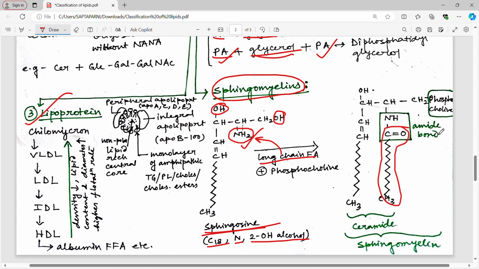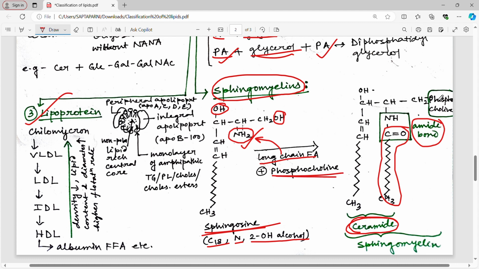When sphingosine is bonded with the long chain fatty acid, that is known as ceramide. Now this ceramide can form ester bonding with phosphocholine or whatever.